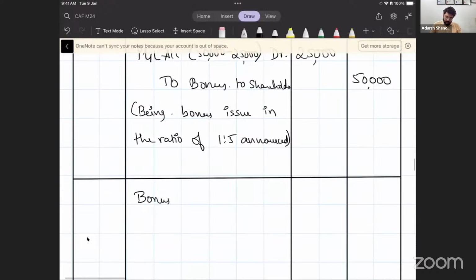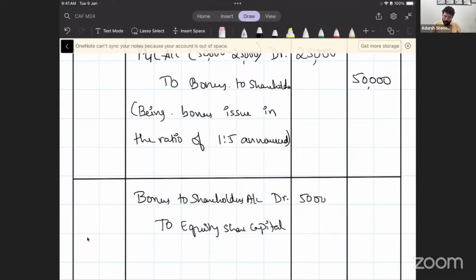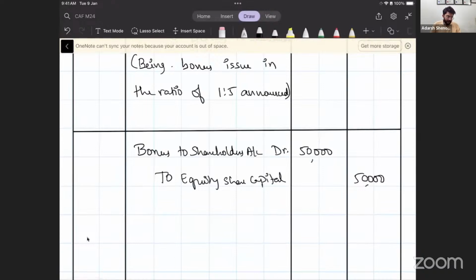Then do the bonus issue. Bonus to shareholders account debit to equity share capital, 50,000, being 5,000 bonus shares issued.